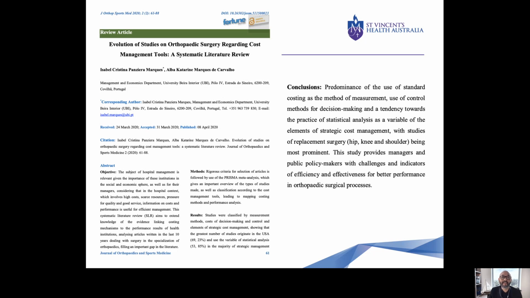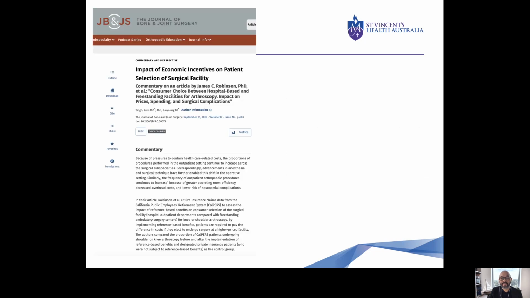So this is an area that's emerging, with people looking at this as a way of understanding the link between choosing the right patients and the impact on the efficiency and effectiveness of the health system, and in particular costs.